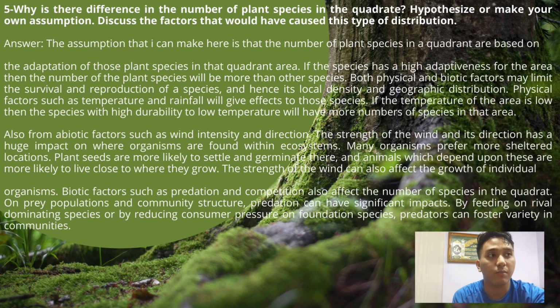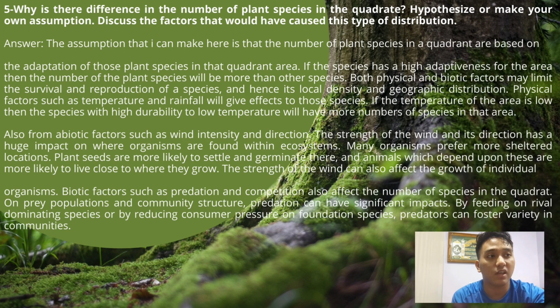Both physical and biotic factors may limit the survival and reproduction of the species and hence its local density and geographic distribution. Also, abiotic factors such as wind intensity and direction have a huge impact on where organisms are found within an ecosystem. Many organisms prefer more sheltered locations.